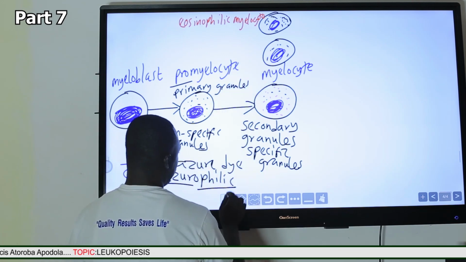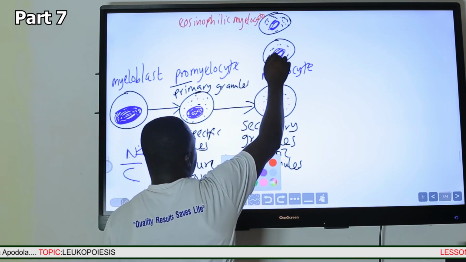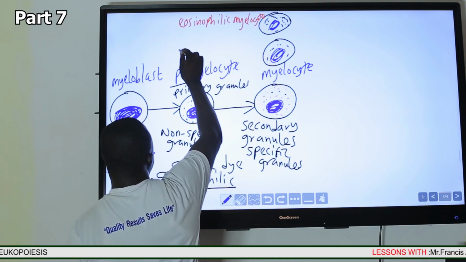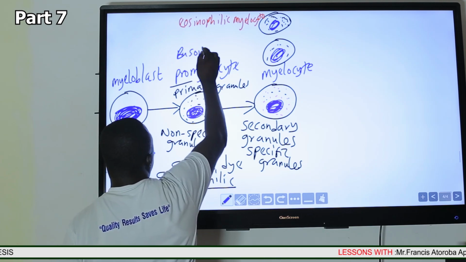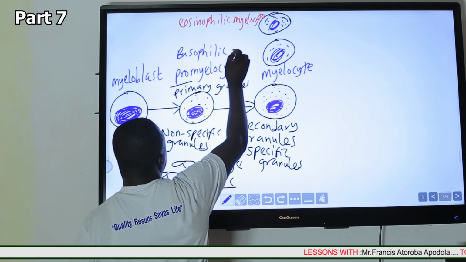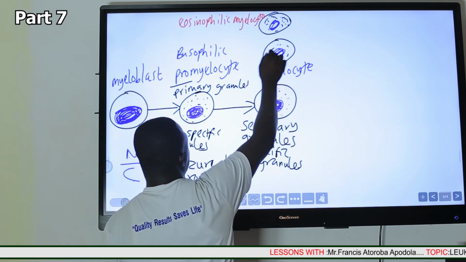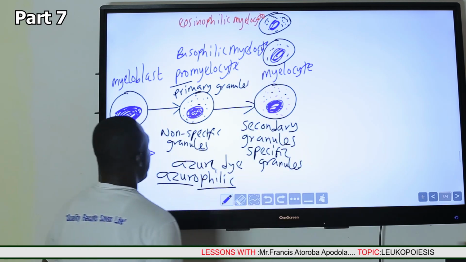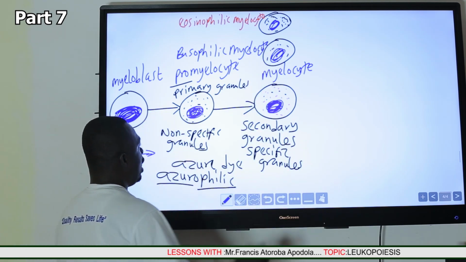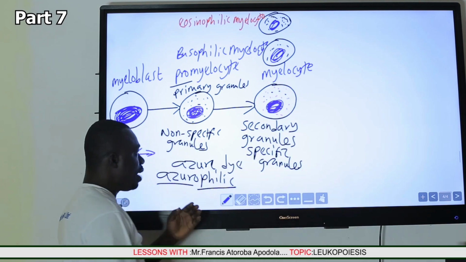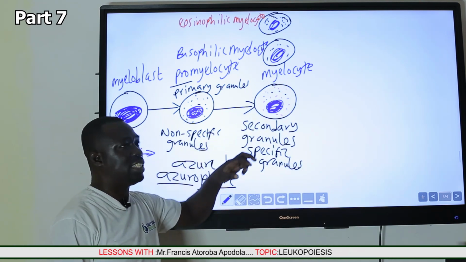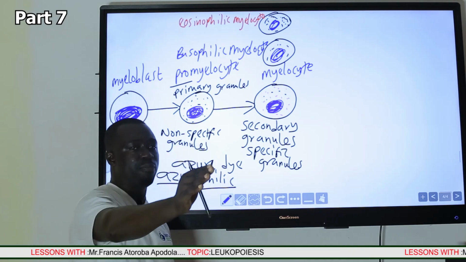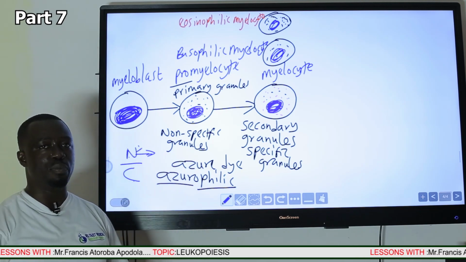Then we have some of the granules showing an affinity for the basic part of the dye, and they were called basophilic granules. And because we are in the myelocyte stage, we will call it basophilic myelocyte. And then we have another set of myelocyte. These cells technically did not show attraction to either the eosin part of the dye nor the methylene blue part of the dye.